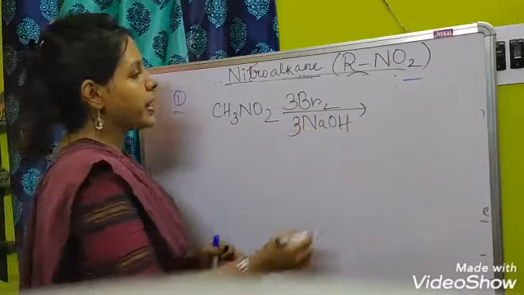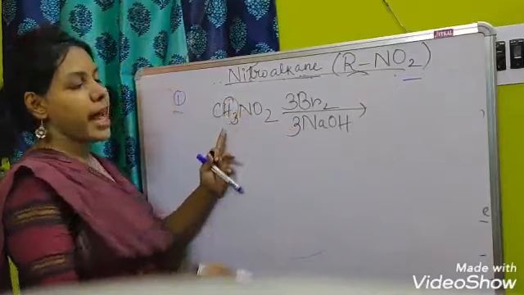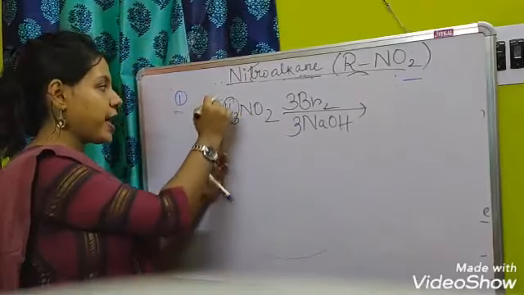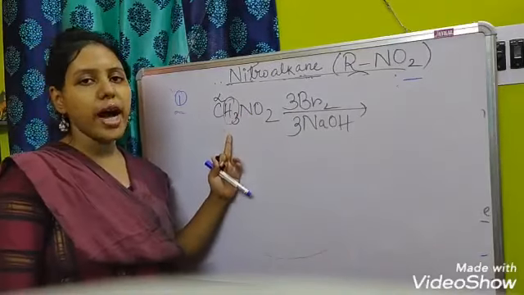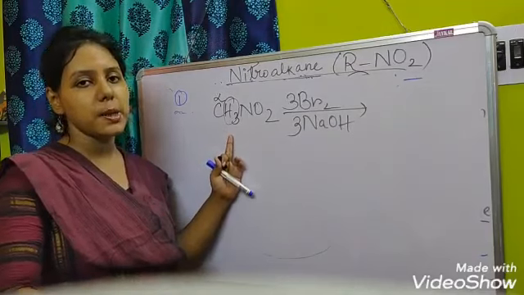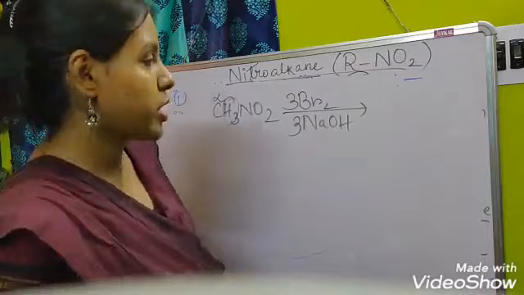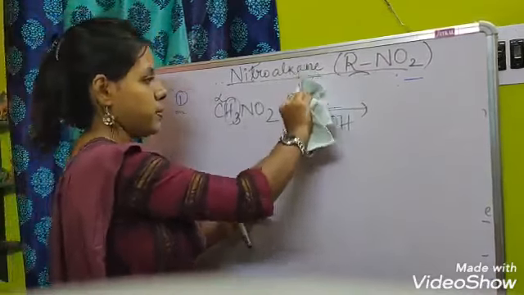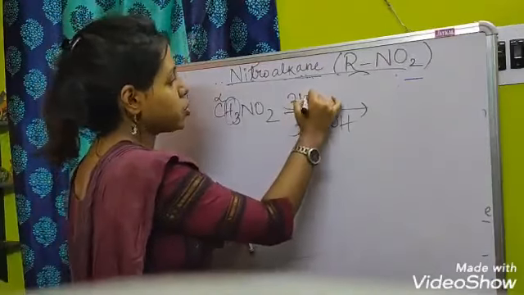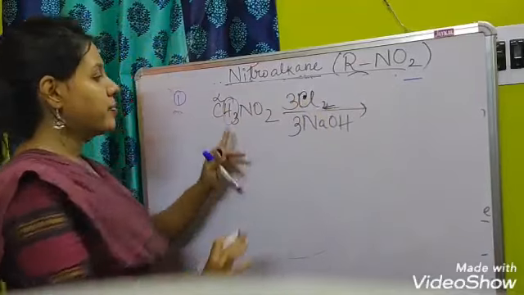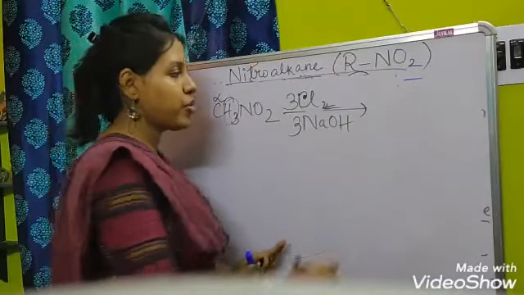So there will be these three hydrogen atoms. Okay, these are the alpha hydrogens. These three alpha hydrogen atoms will be completely substituted by 3 bromine. Sorry, here chlorine you have to take. Okay, chlorine, 3Cl2. So these 3 hydrogens will be substituted by 3 chlorine.